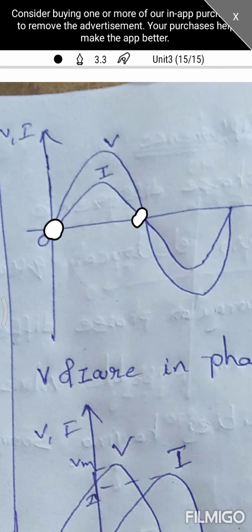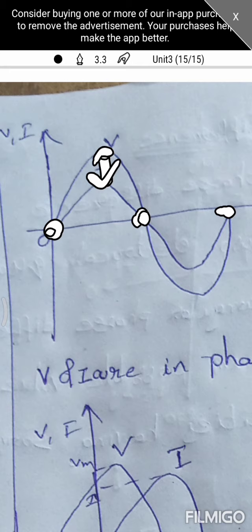There is a little bit of difference in magnitude, but here we are discussing only phase, not magnitude. This is called in phase.